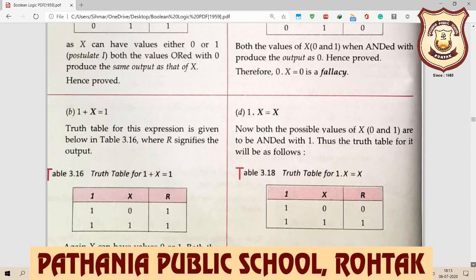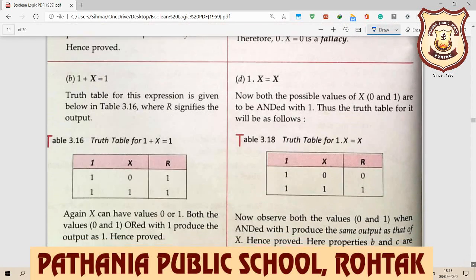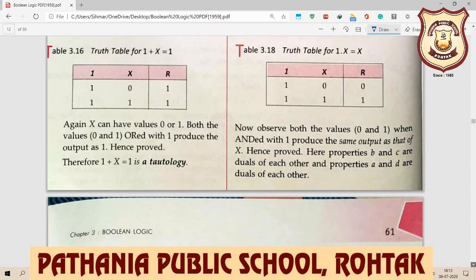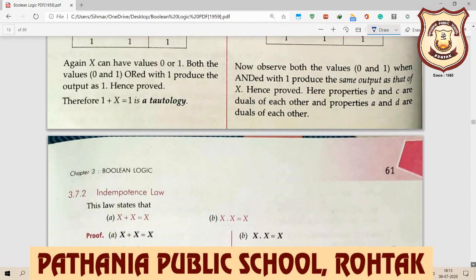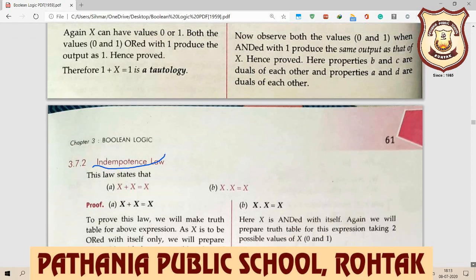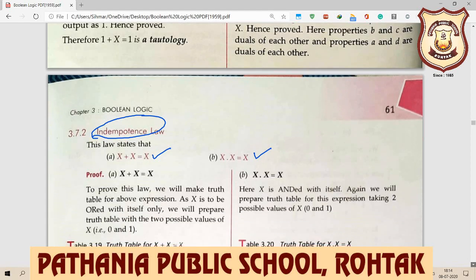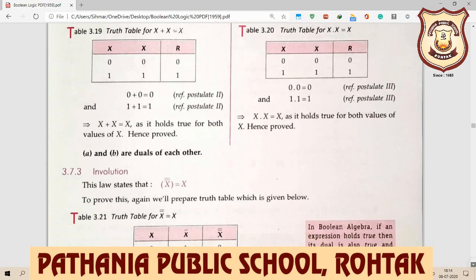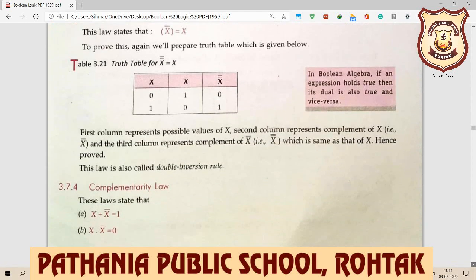After that, we learned in the previous class the idempotent law, which has two laws. One is x plus x is equal to x, and x multiply x is always equal to x. We already learned these things in the previous class, and all the truth tables of these things.